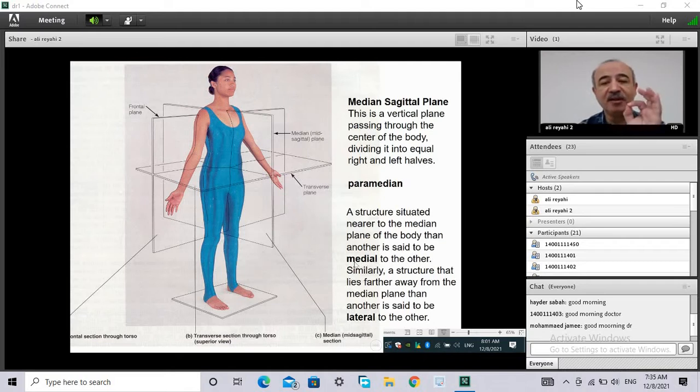Medial describes the point or structure of the body that is nearer to the median sagittal plane, and the structures that lie far from the median are called lateral. Medial, lateral.